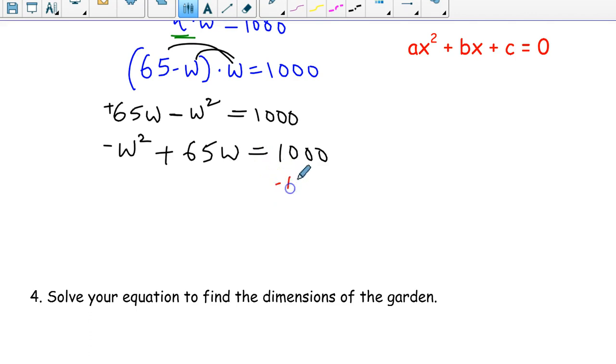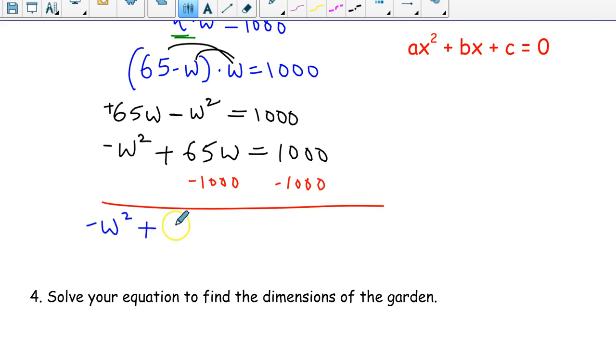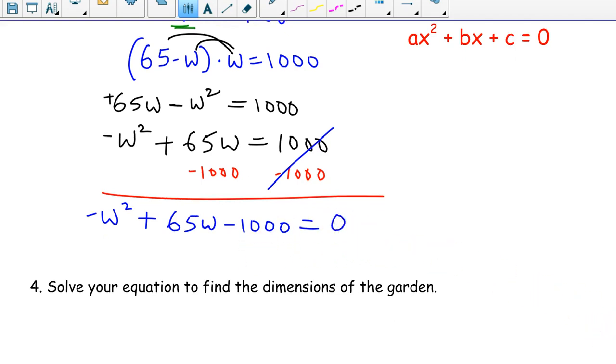Okay, now take away 1000 on both sides. Subtract 1000 to give negative W square plus 65W minus 1000 is equal to 1000 minus 1000 cancelled, you have 0, right?